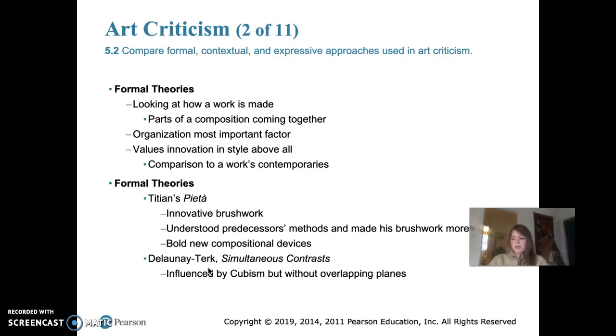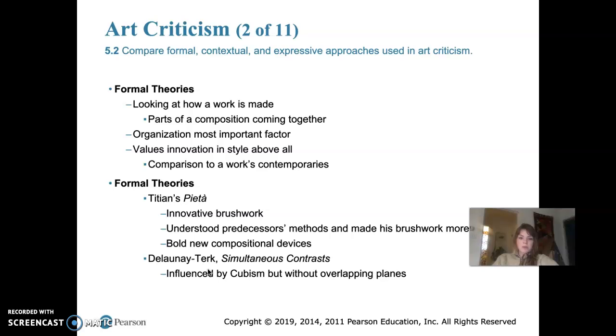So, as you may have gathered, in order to do formal critiquing, you need to know a lot about art history. So we're going to take a look at Titian's Pietà. It has innovative brushwork for its time, so they actually know the year of this, and they're able to pinpoint that the brushwork in it is actually very innovative. He's one of the first people that really started to use brushwork in the way that he has.